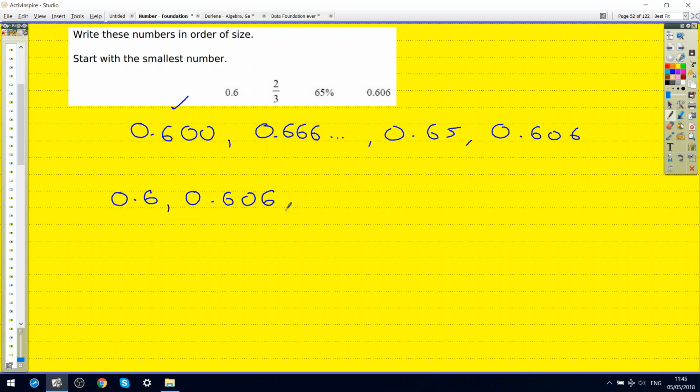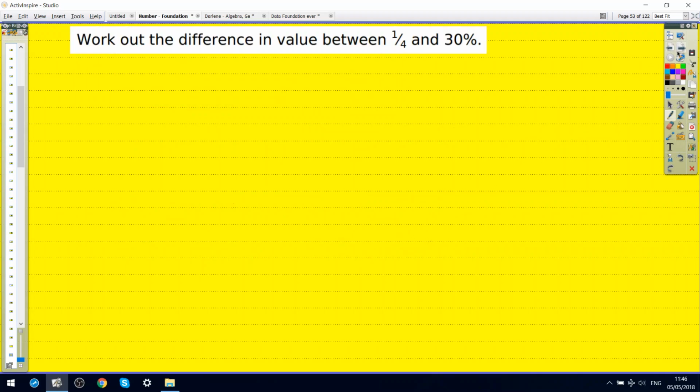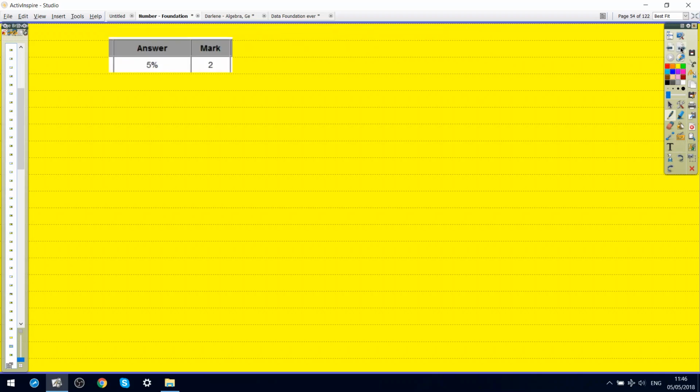It's like 6 thousandths bigger. And then you would just put them back into their original things. Okay, any questions there? Okay, 2/3. You're gonna be fine there.